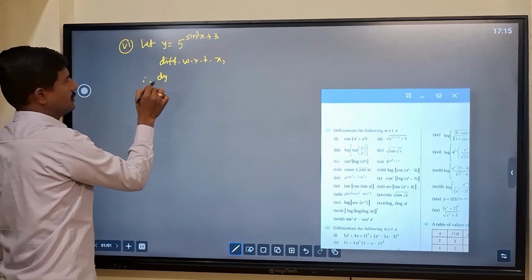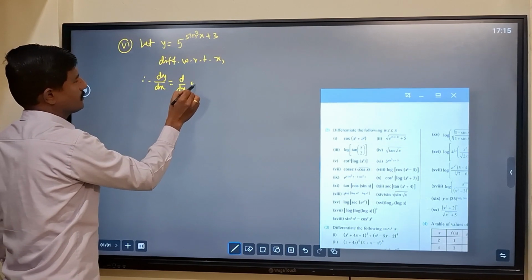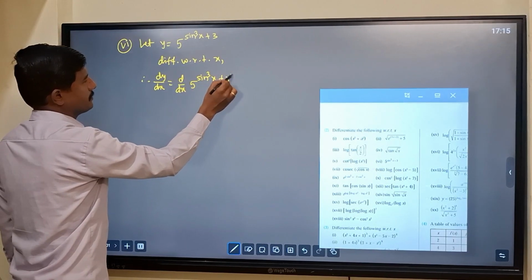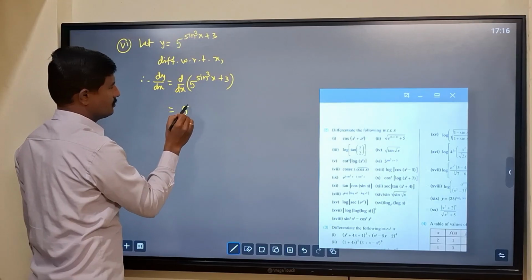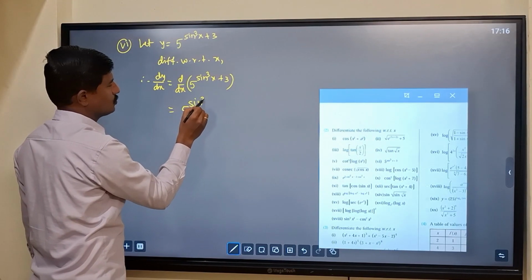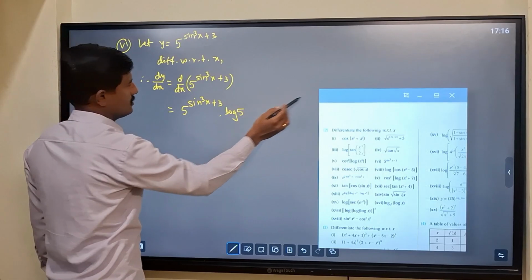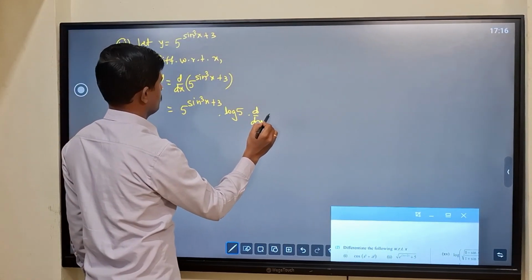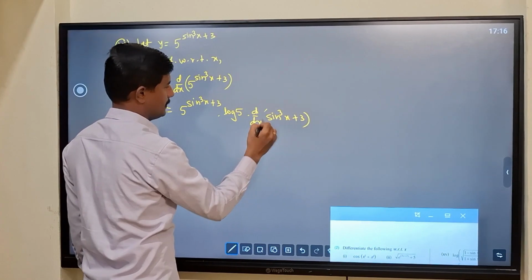So it will become dy by dx equal to d/dx of 5 raised to sine cube x plus 3. Now differentiation of this term is 5 raised to sine cube x plus 3 log 5 d/dx of sine cube x plus 3.